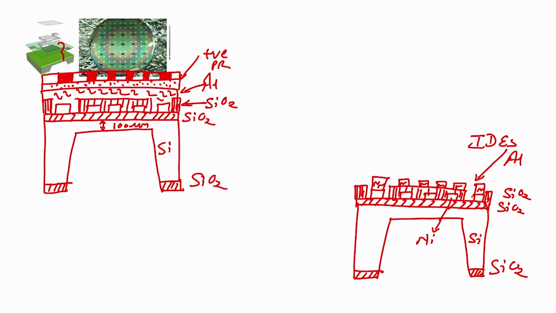Then we will expose our wafer with UV light, right. After that, we perform PR developing.